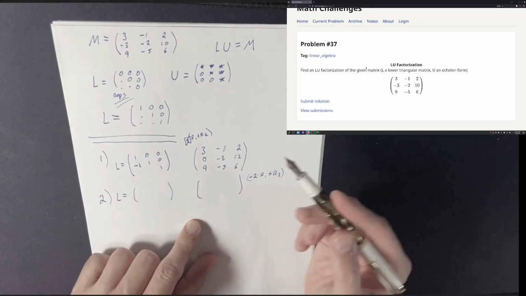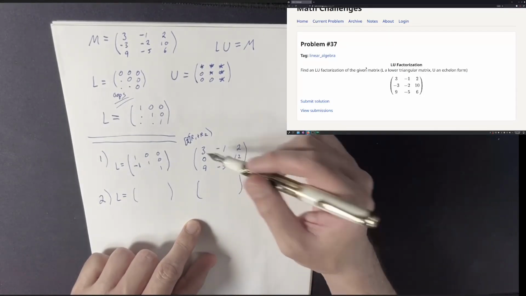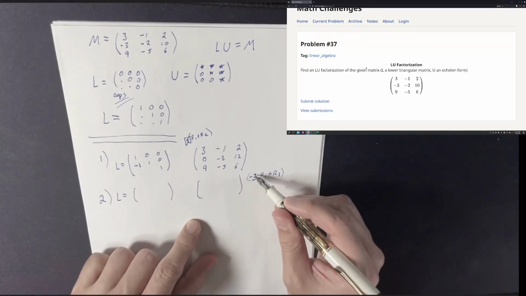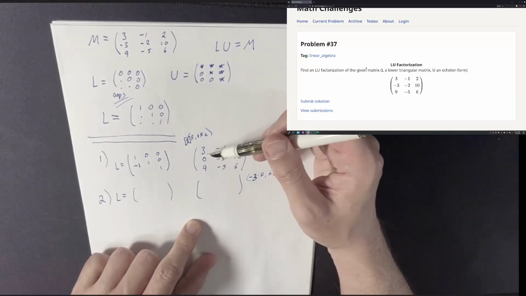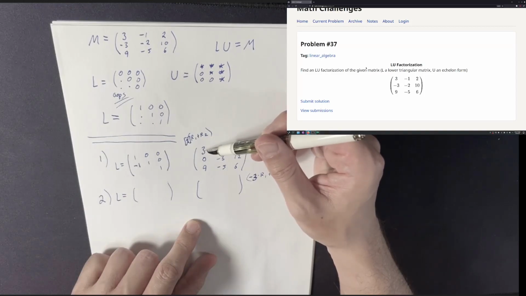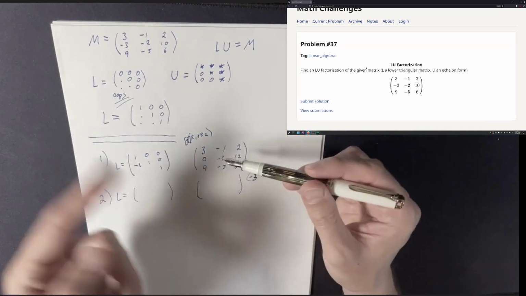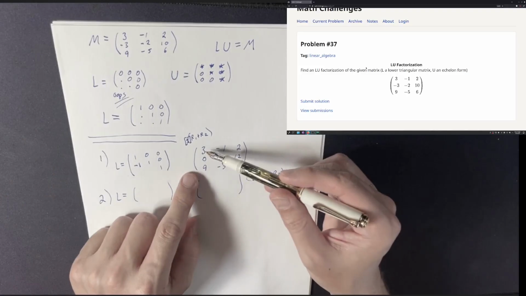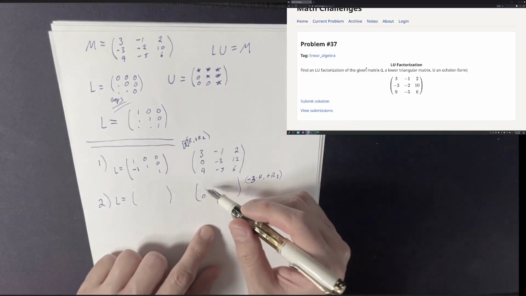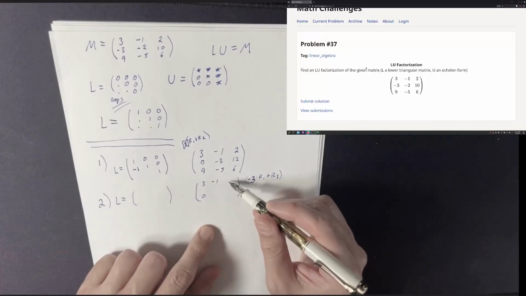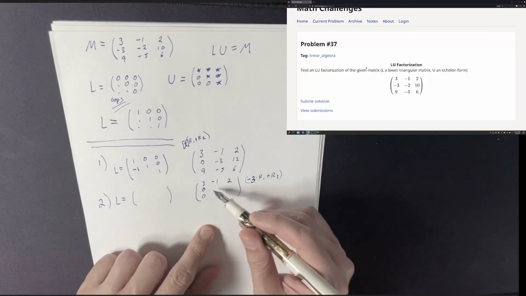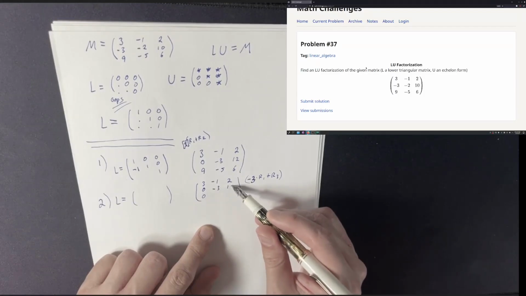Oops, not 2, I'm sorry, 3 is what I meant to say. I guess I was squaring it in my head. If I do -3 times this, basically just this minus that 3 times, -3 times this is -9, so it's going to produce 0, of course. That's the whole point. We don't alter the first row. We took care of row 2 already, so don't touch that again.